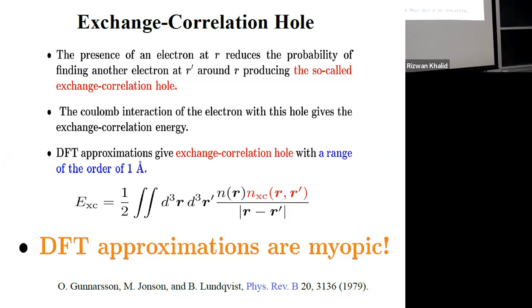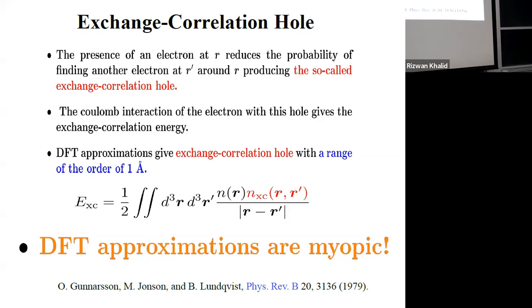So most of the methods assume that this exchange correlation hole is of the range 1 angstrom, which would mean this exchange correlation energy would be calculated between electrons which are separated on average by a distance of an angstrom or less. For those electrons which are outside this exchange correlation hole, there will be no exchange correlation energy.